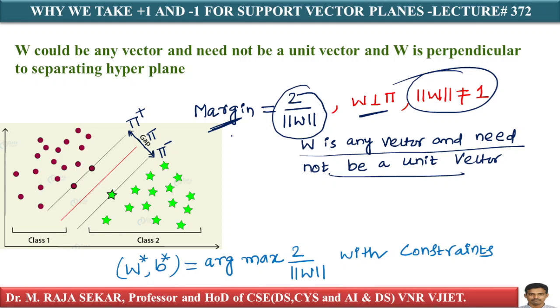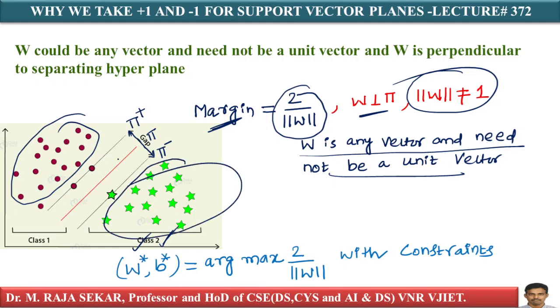Now let's assume W star, B star equal to arg max of, W star, B star being the optimal values of W and B. Optimal value of W is W star, optimal value of B is B star, which is equal to arg max of 2 by norm W with constraints. What are the constraints here? The constraints are that all the positive points are above pi plus, and all the negative points are below pi minus.